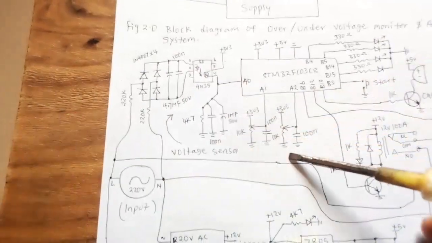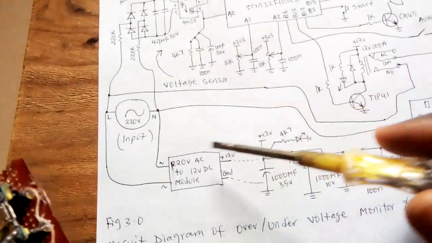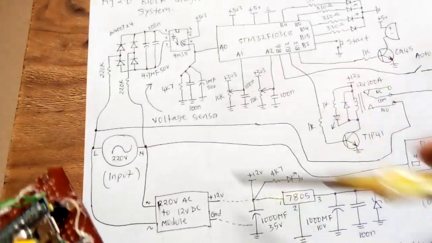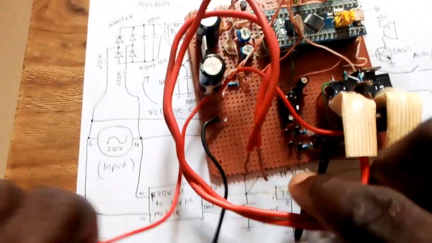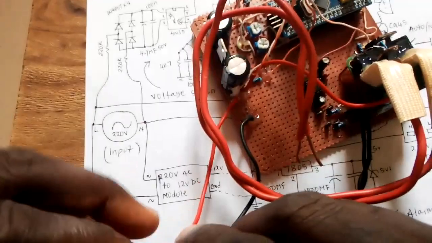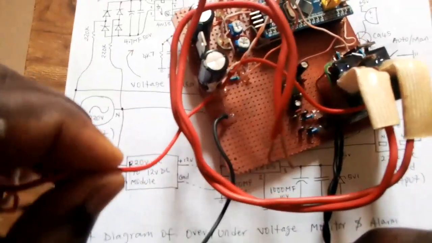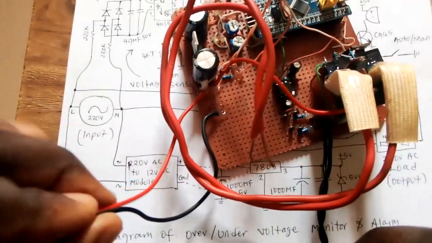Now, how do I power this entire circuit? Let's look at the power supply. This entire circuit is powered with 12 volts. These two cables that you're seeing here are the 12 volts and the ground.